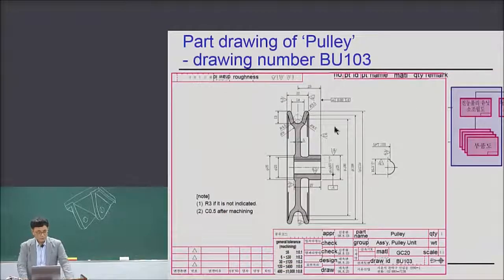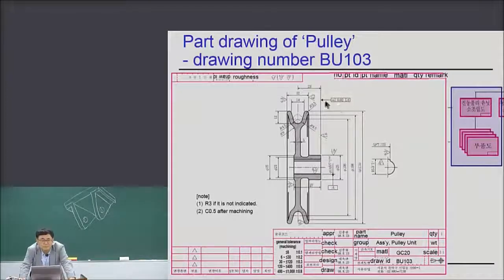Now this is for the pulley. So only one view drawing. A full sectional view, with the symbol of pi. Even if there is no side view, we understand that this is the cylindrical shape.